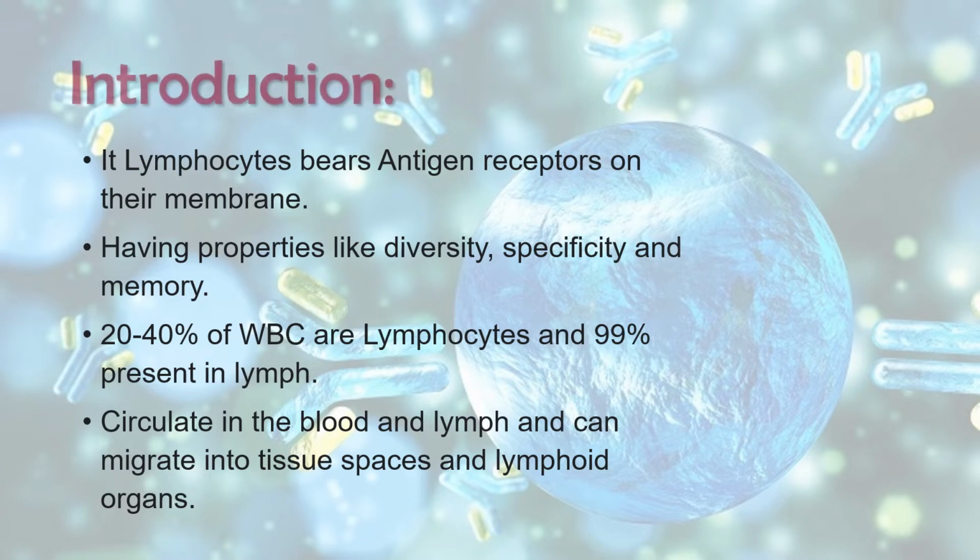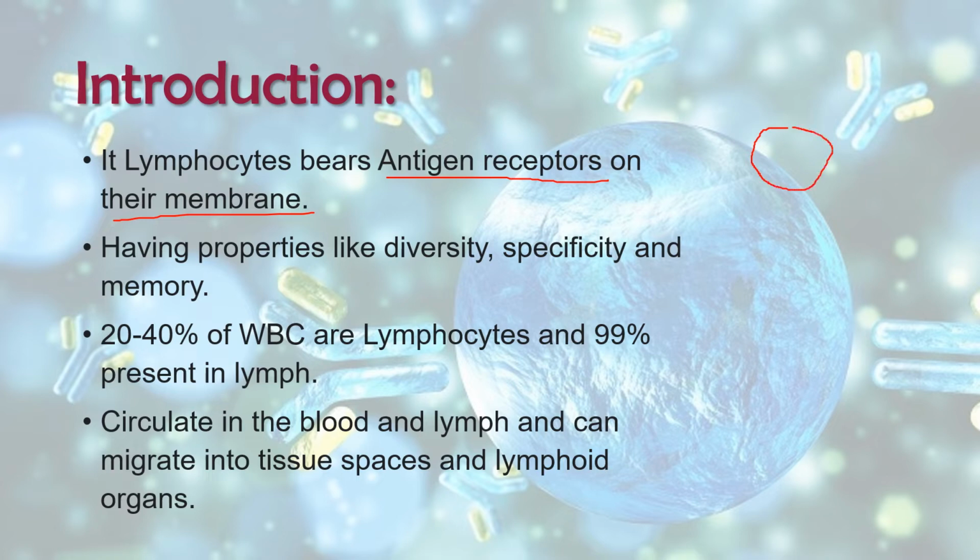Let's start our topic with the introduction. So lymphocytes have antigen receptors on their membrane. These cells carry receptors on their cell membrane and play a central role in adaptive immunity. Suppose this is a lymphocyte cell. They have the characteristic feature of bearing receptors.